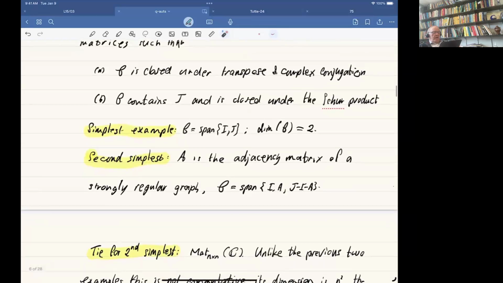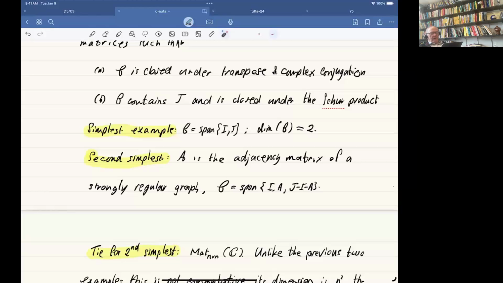For a slightly more complicated example, maybe take the adjacency matrix from your graph. In this case, I'm going to take three matrices: the identity, the adjacency matrix, and the adjacency matrix of the complement. Now note that the Schur product of any two of those matrices is 0. So if I take that set and adjoin 0 to it, then those four matrices form a set which is closed under Schur multiplication. And so it follows that the algebra generated by these matrices is closed under Schur multiplication.